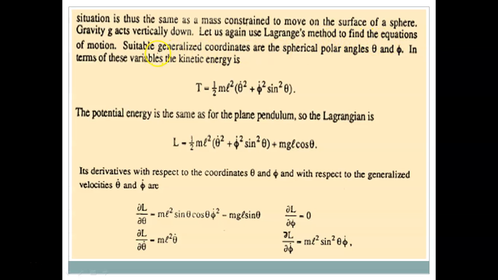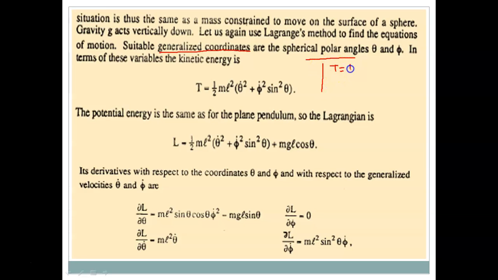First we should identify the generalized coordinates. The spherical polar angles theta and phi will be the generalized coordinates, and consequently the kinetic energy is obtained in this manner. How does this come out? Let's recall example 2.